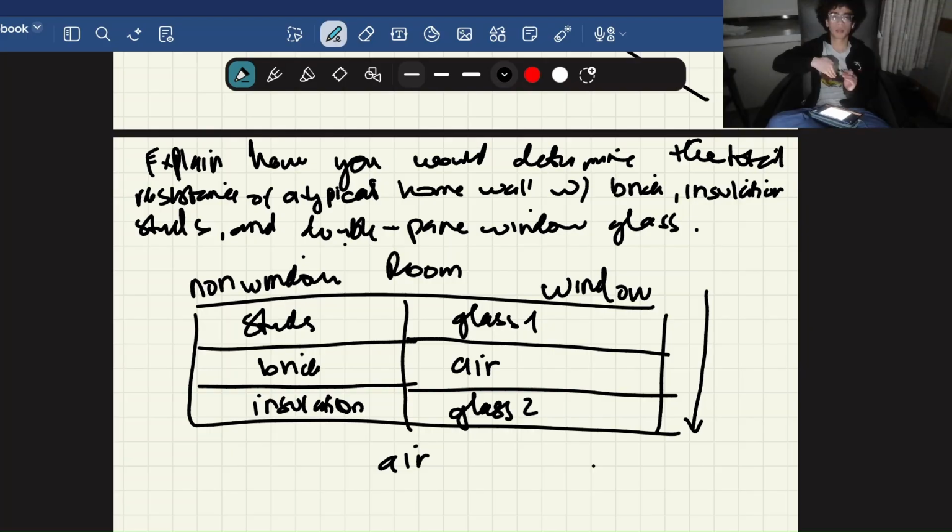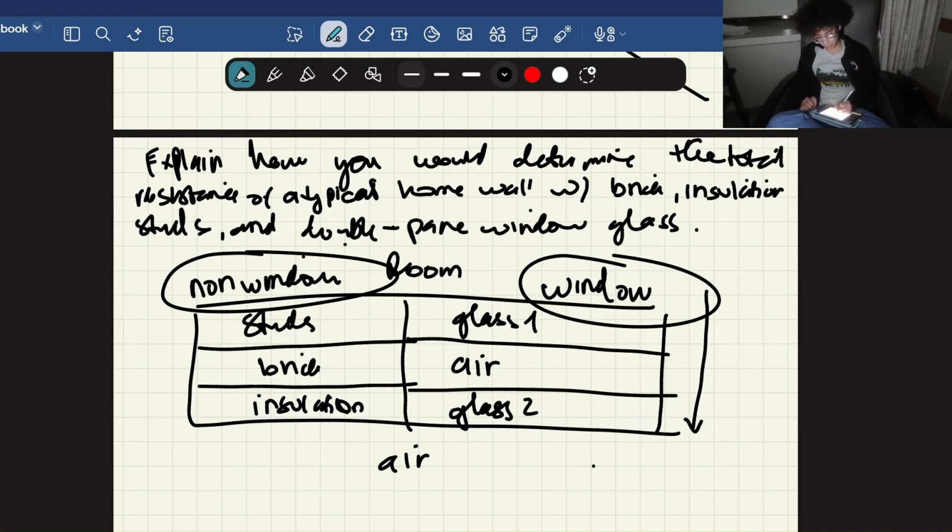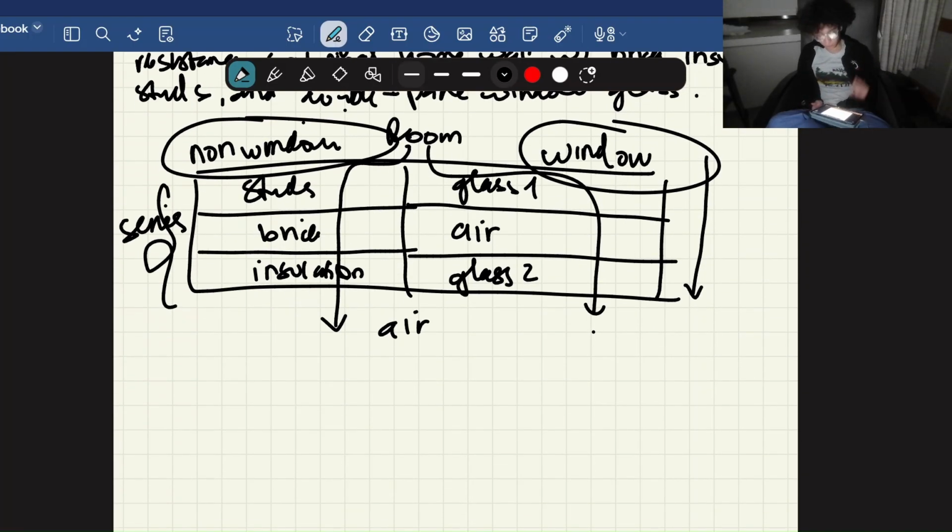We can see that the window and the non-window are physically parallel to each other, as heat goes into two different pathways, but within each pathway the layers are in series.